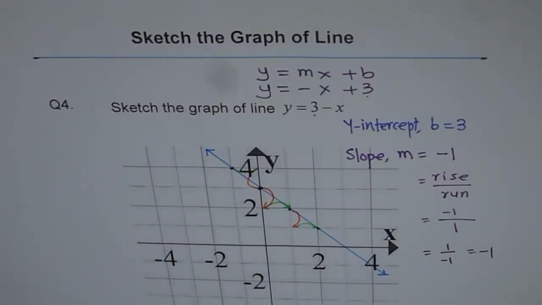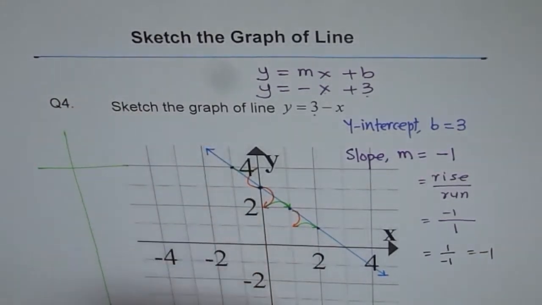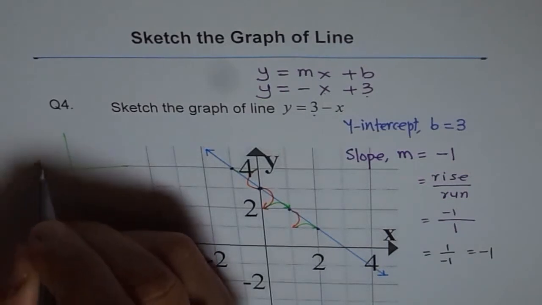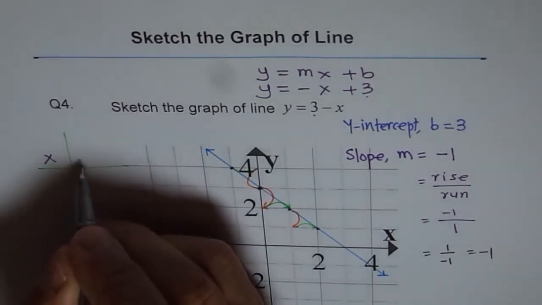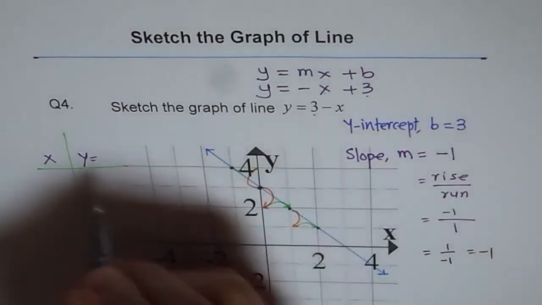Another way to sketch a line on a graph is a table of values. However, that is not a preferred way, since you need to do a lot of calculations, right? So for that, you have x and y values. y equals 3 minus x, right?